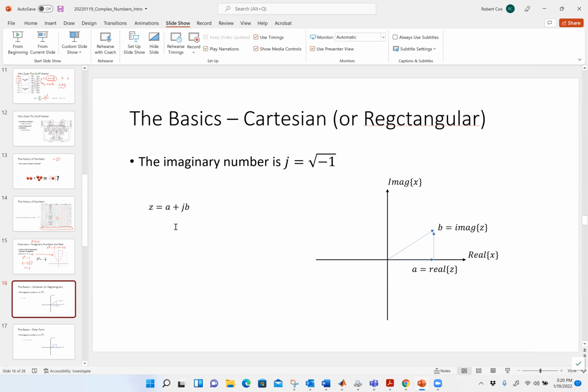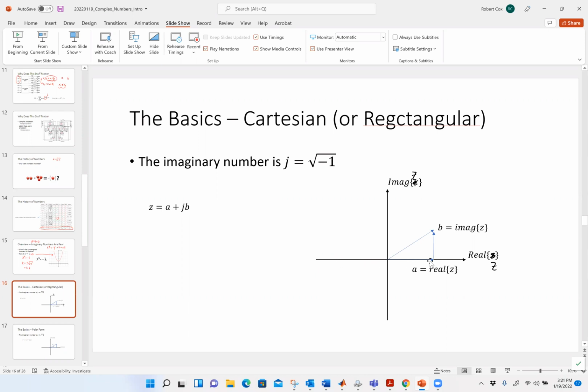Okay, so a complex number has a real part and an imaginary part, and we draw it in a complex plane. Just to be consistent here, this should be z. So I draw a complex plane.